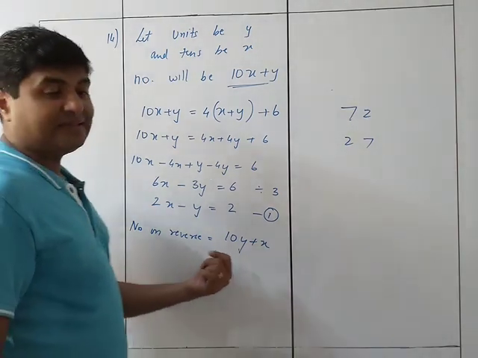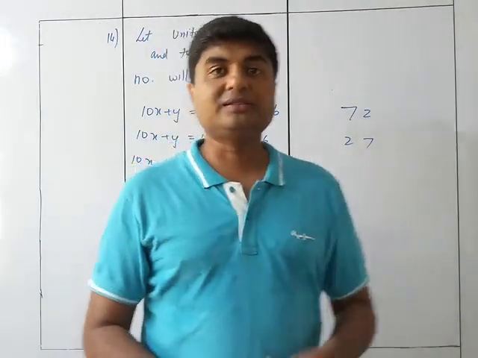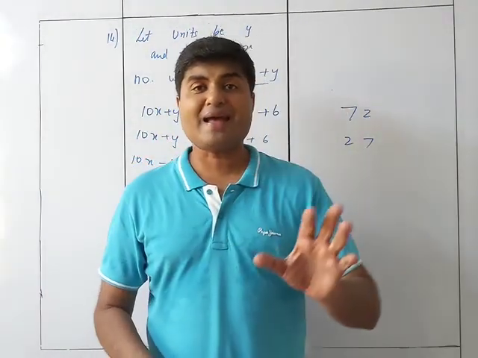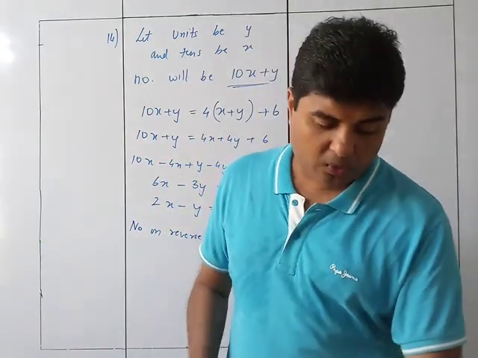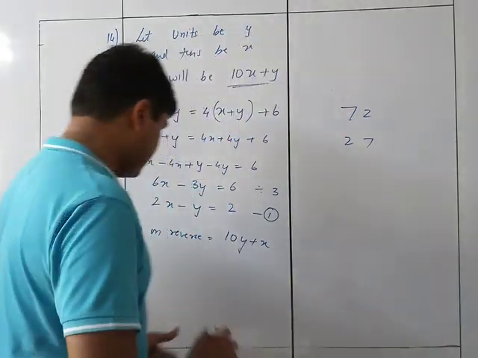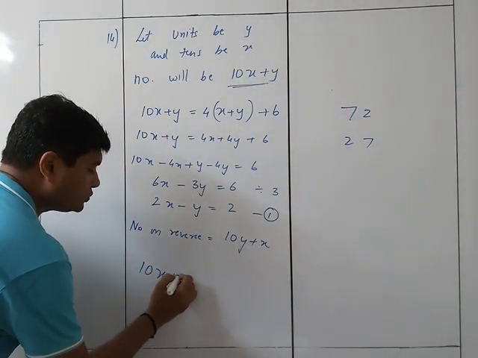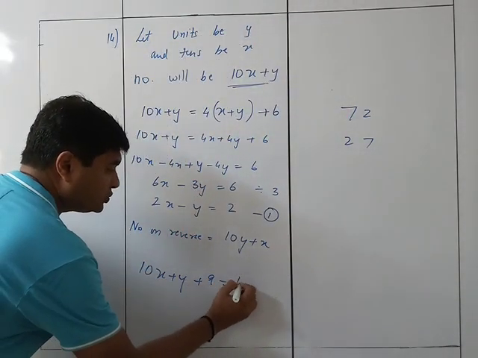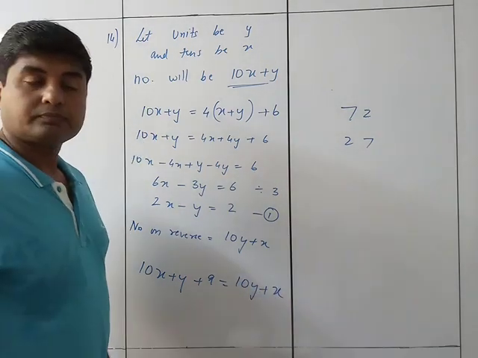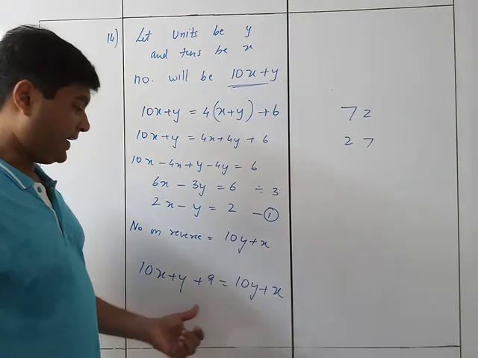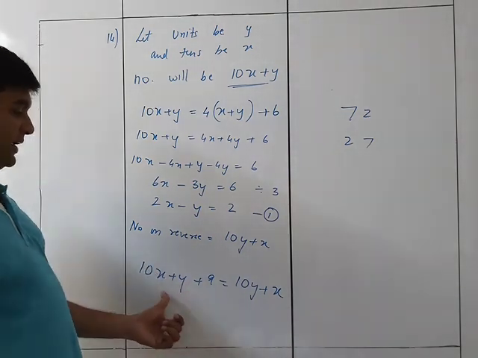Now they have given this reversed number. This number is increased by 9. Okay, so the number is increased by 9 on reversal. That means 10x plus y plus 9 is equal to 10y plus x. When I reverse this, it has increased by 9.